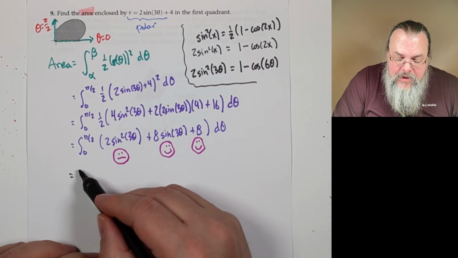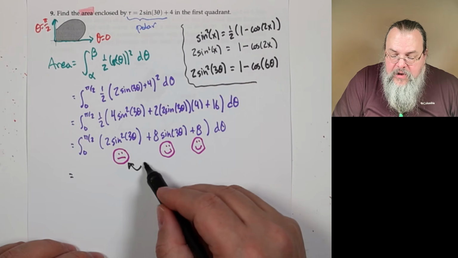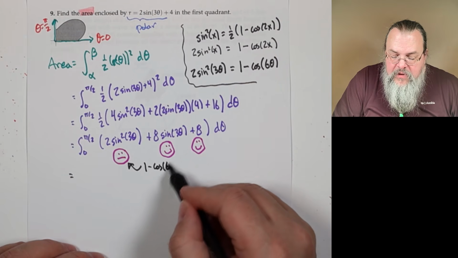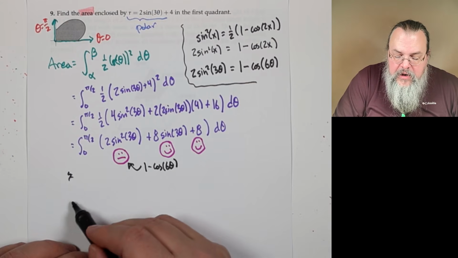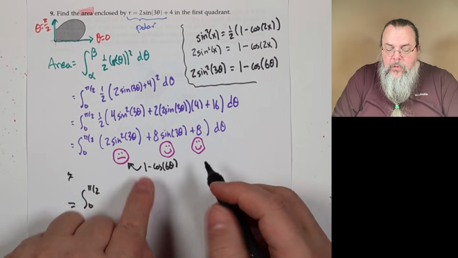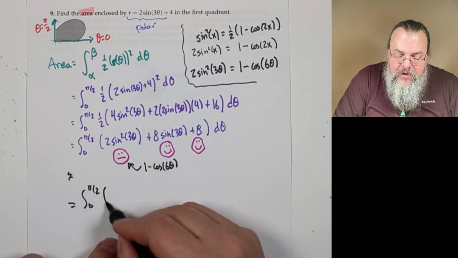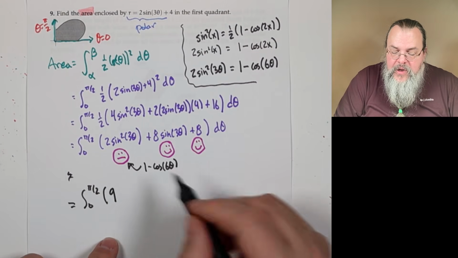So let's be careful here. This is going to become 1 minus cosine 6 theta. And integral 0 to pi over 2. The 1 and the 8, we can put those together to make 9.